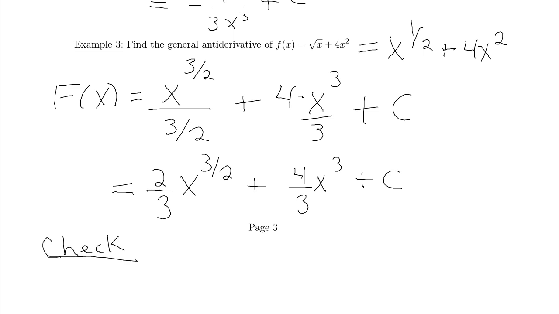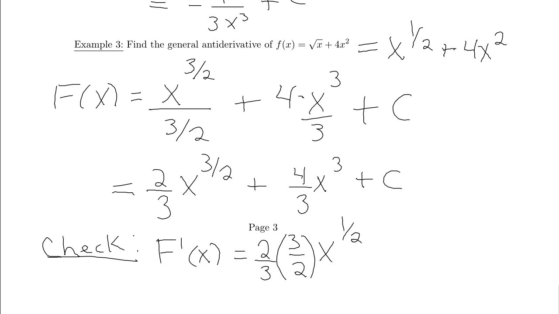You'll see in my nice filled in notes, I check all of the time, but for this recording, I'll just check sometimes. So if I take the derivative, capital F prime of x, what would happen? I'd have 2/3 times, well, that exponent on the x to the 3/2 would come down as a 3/2. It would then become x to the power of 3/2 minus 1, which is just 1/2.